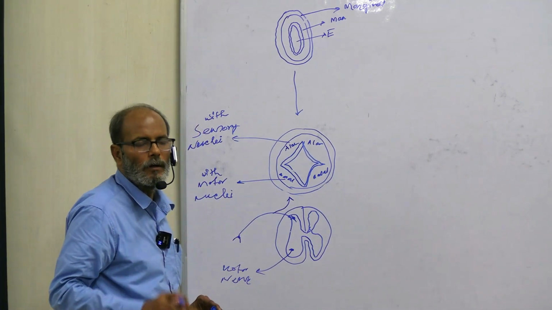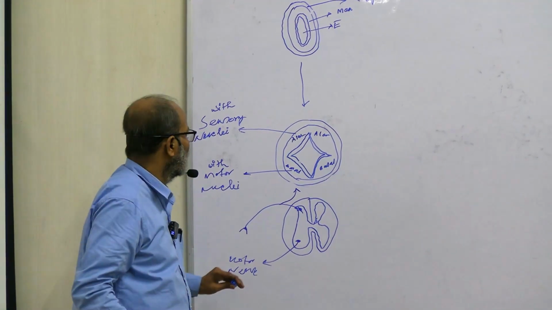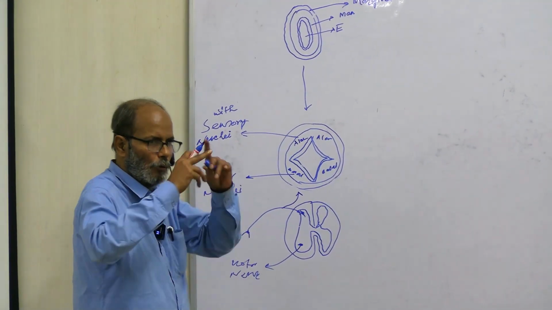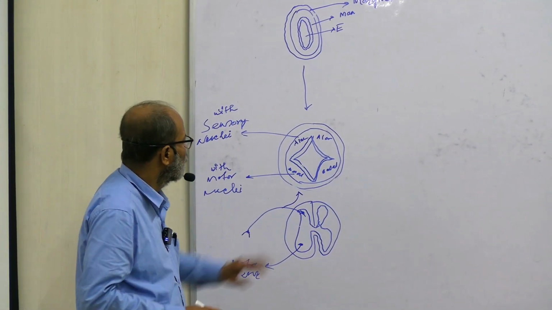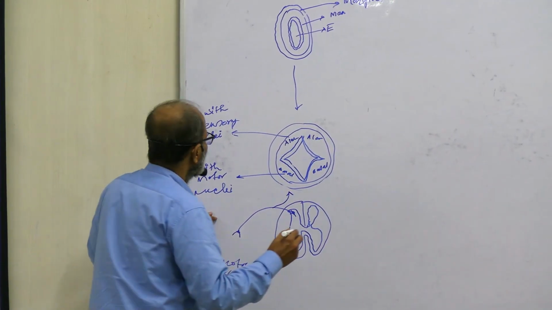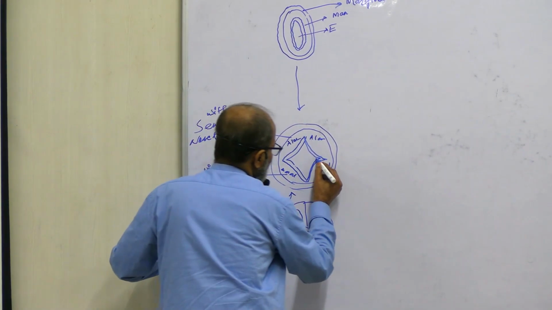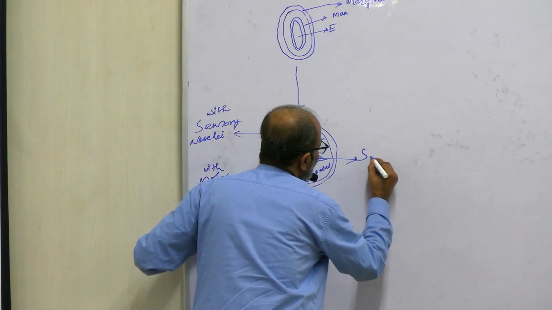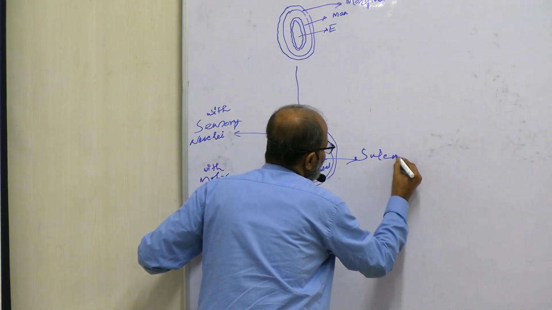this oval brain cavity becomes rhomboid shape due to formation of a sulcus at the lateral aspect. This is called sulcus limitans.